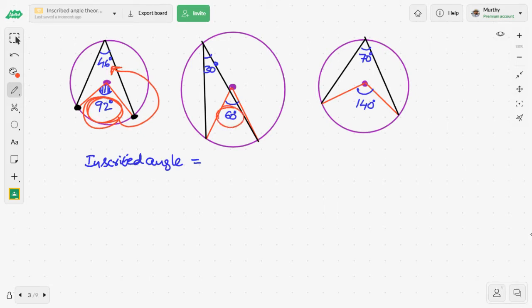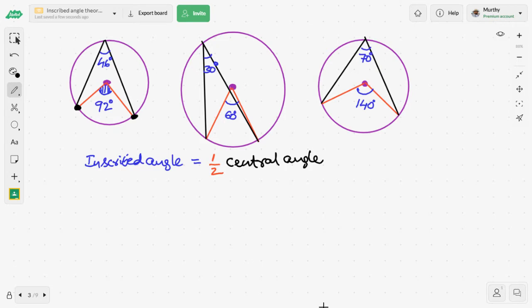In the same way, the central angle is 60 degrees and the inscribed angle is 30 degrees. In the third case, the central angle is 140 and the inscribed angle is 70 degrees. I picked these numbers randomly, but if you experiment, you will realize that half of the central angle gives you the measure of the inscribed angle for sure.